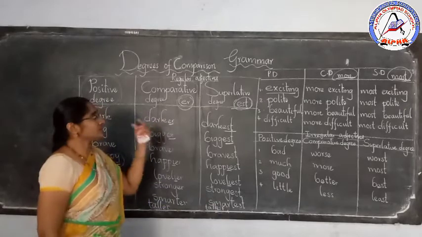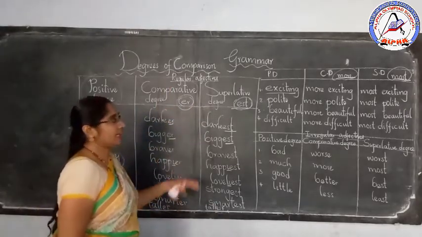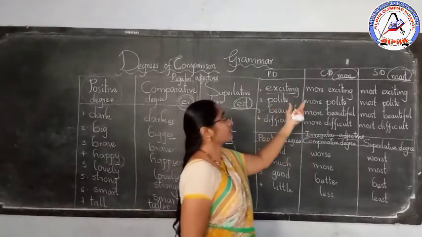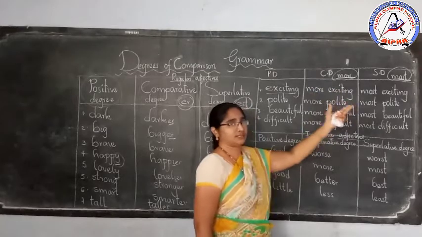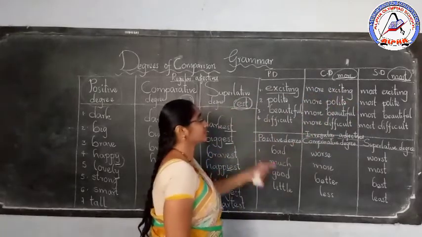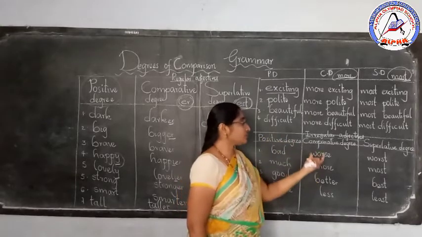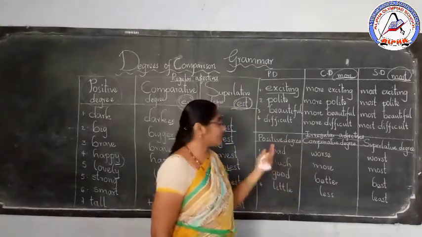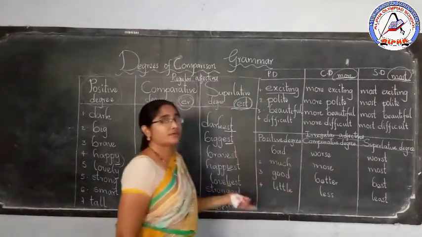The adjectives which are formed with er and est, and the adjectives which are formed with more and most, are regular adjectives, whereas irregular adjectives are the adjectives which are totally different. The three forms are different. These types of words are all the degrees of comparison.